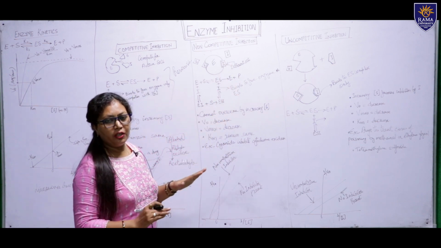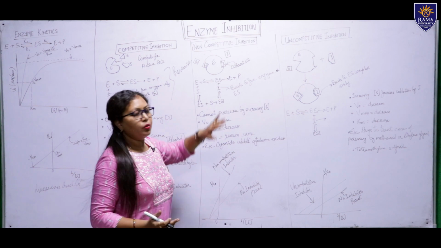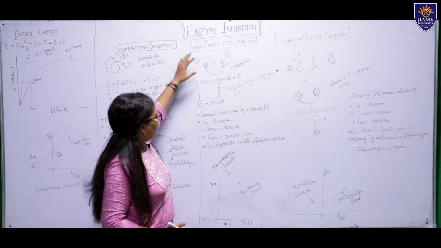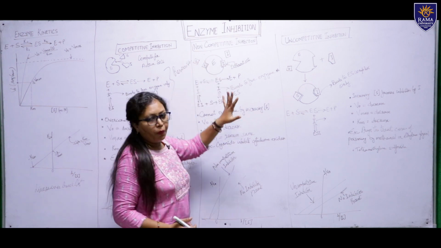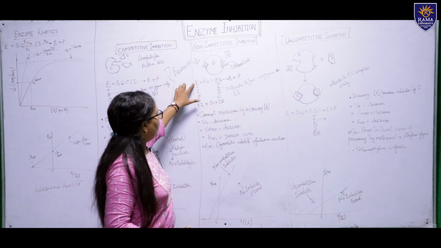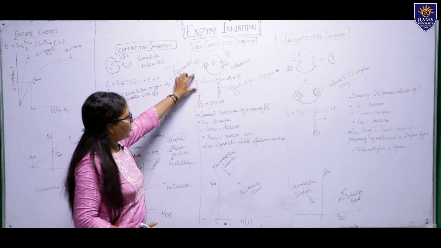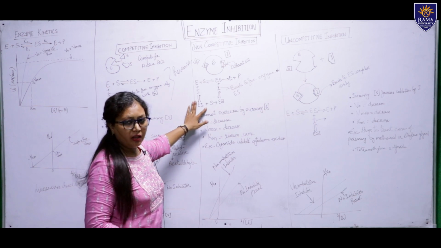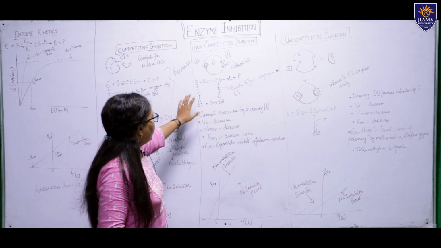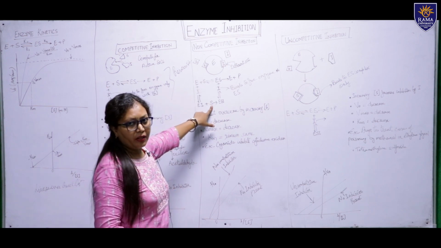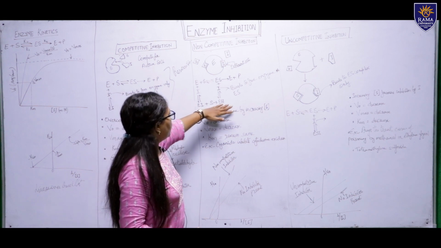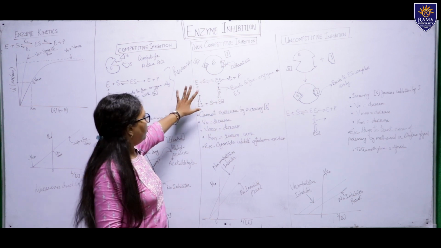So, there is no need for the inhibitor to bind to the active site of the enzyme. There are two possibilities: either the inhibitor binds to the free enzyme and forms the enzyme inhibitor complex, and the substrate is left apart, or the inhibitor binds to the enzyme substrate complex and the enzyme substrate inhibitor complex is formed.